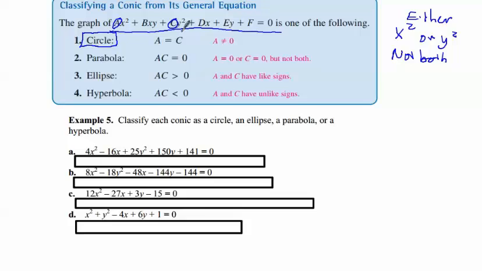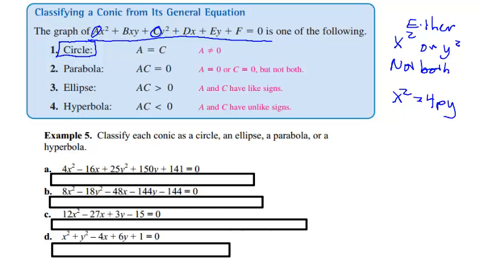And so, for example, x squared equals 4py is the equation of a parabola. So there would be no y squared term. Okay, so you can spot parabolas relatively readily. I don't really even use discriminant to see those.